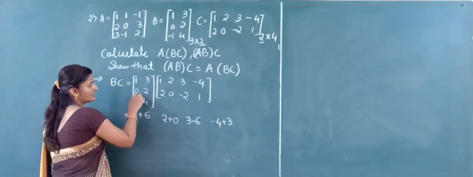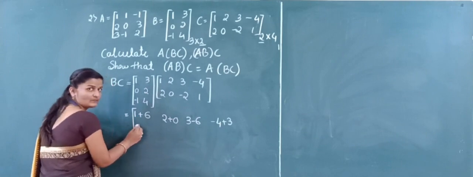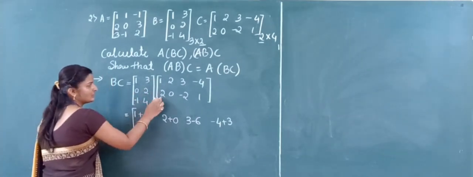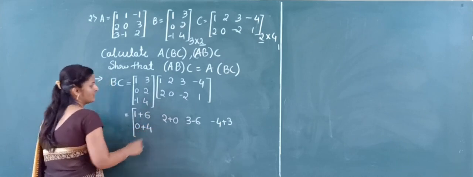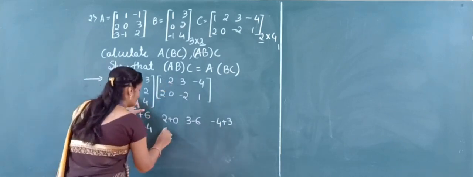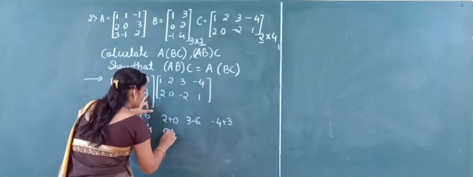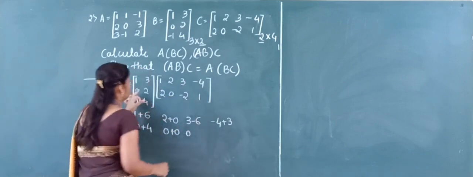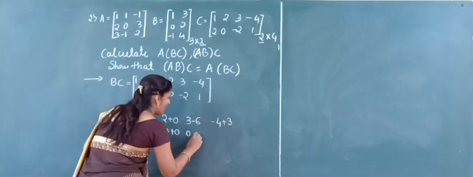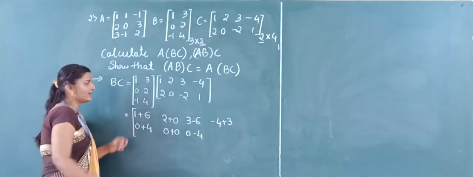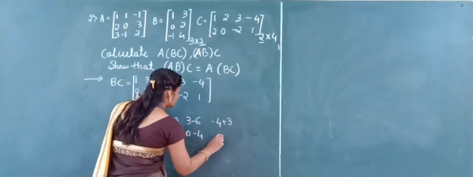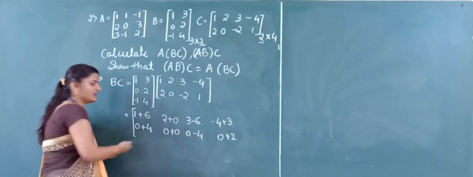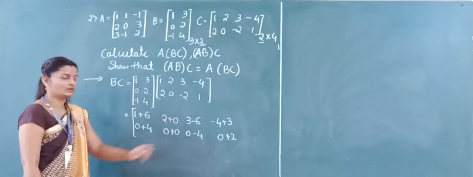Move to the second row. 0 into 1 is 0, 2 into 2 is 4. Next, 0 into 2 is 0, 2 into 0 is again 0. 0 into 3 is 0, 2 into minus 2 is minus 4. 0 into minus 4 is 0, 2 into 1 is 2.